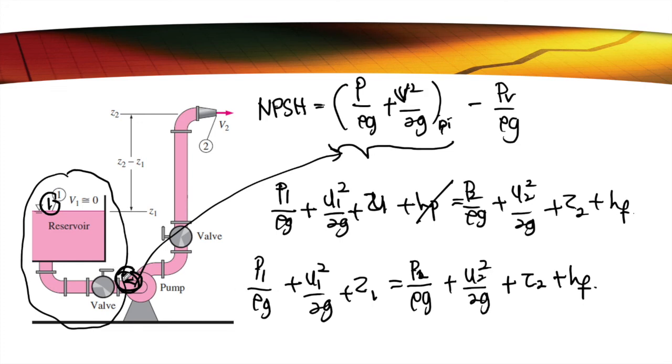So whatever P2 value you have to arrange here is P2 over rho g plus U2 squared over 2g, in order for you to substitute into this equation. Let's take a look at it.